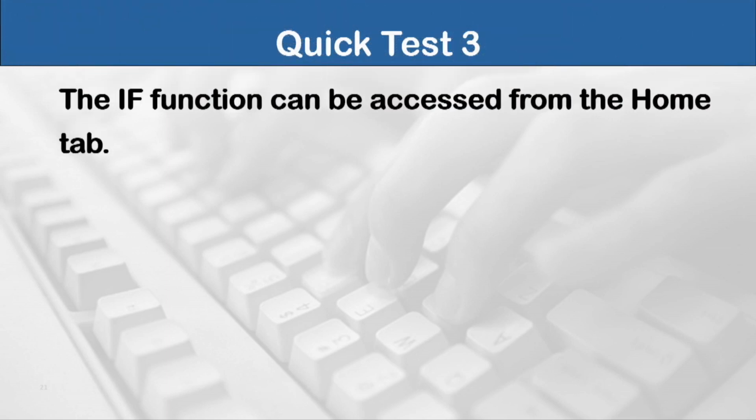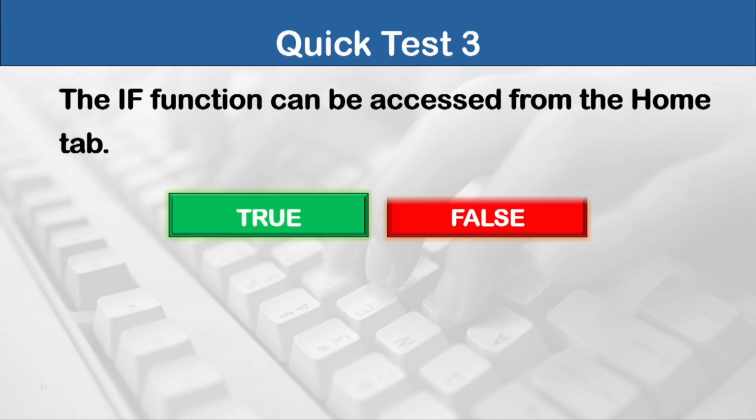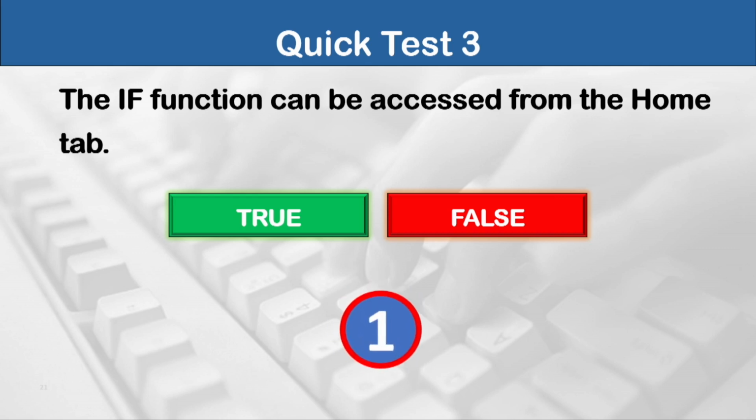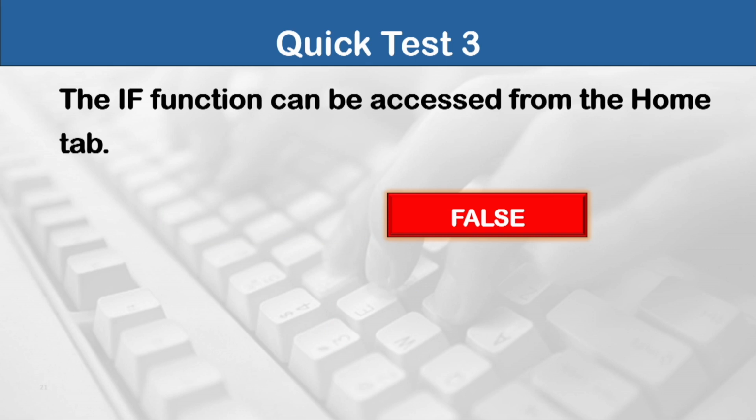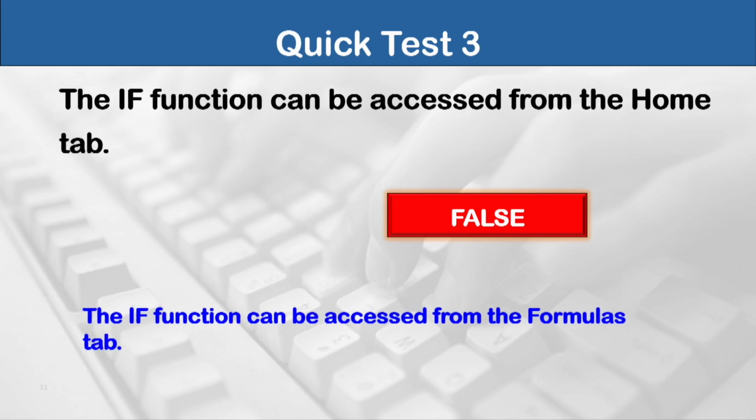Next question. The if function can be accessed from the Home tab. Is it true or false? The answer is false, as the if function can be accessed from the Formula tab.